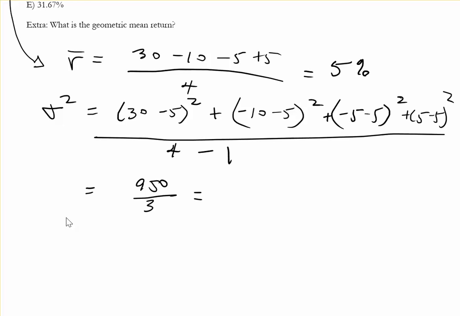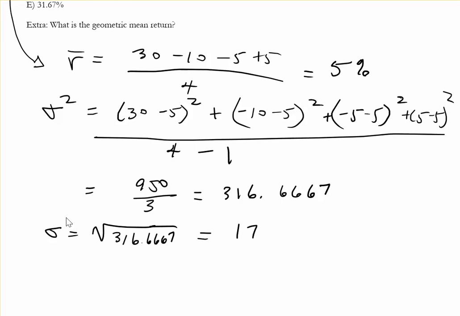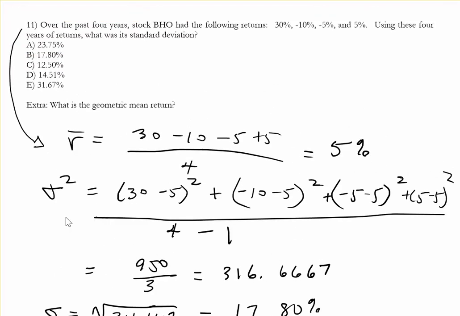We get 316.6667. The standard deviation is the square root of all that. And we get 17.80%. Scroll up to find the option there, and we see that it's B.